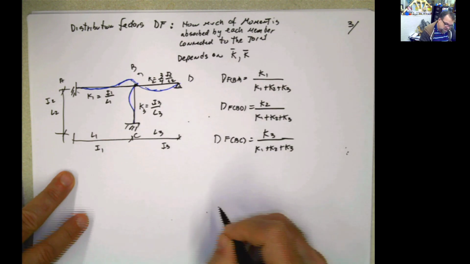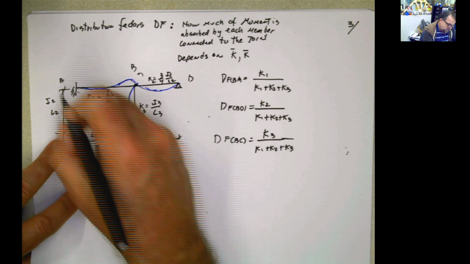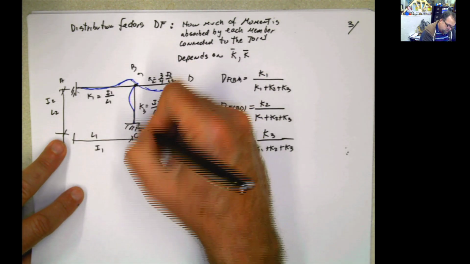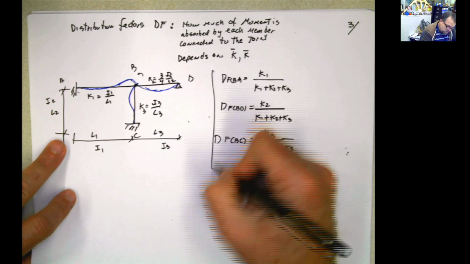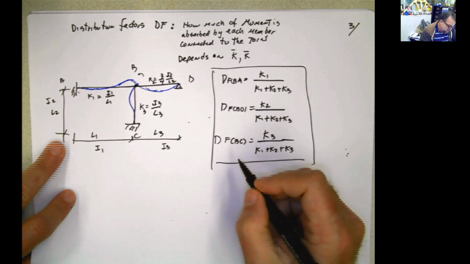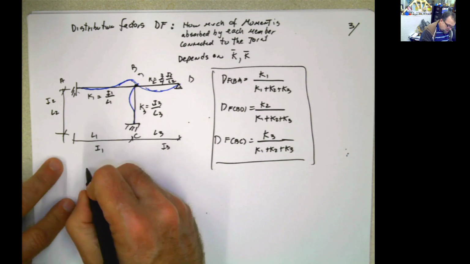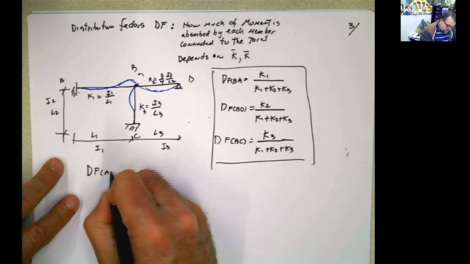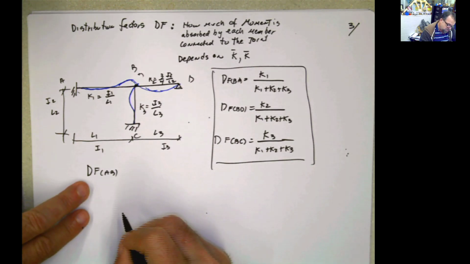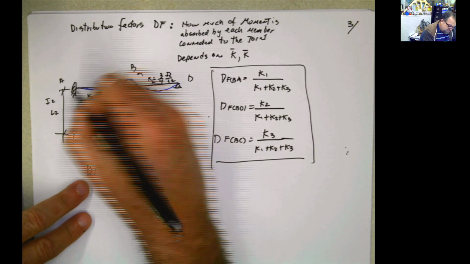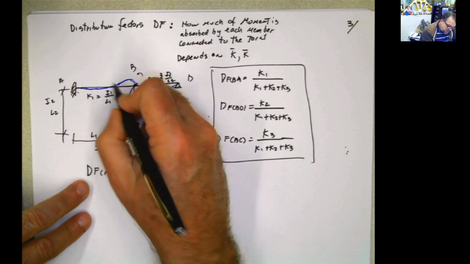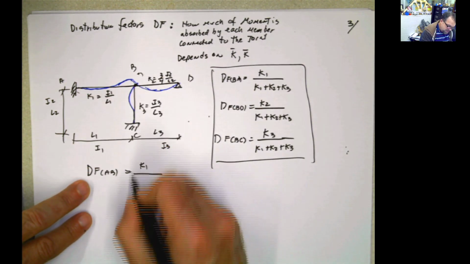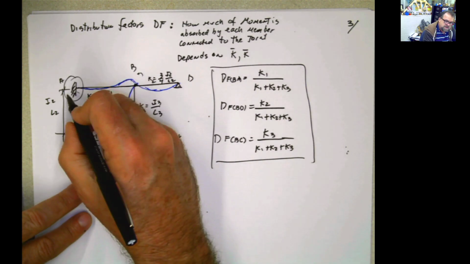That's basically it. We haven't talked about stiffness factor AB or DB or CB, but I'm going to calculate those also here, so you don't have any doubt. Let's say that I want to calculate the distribution factor for AB. Distribution factor for AB will be the value of the K for AB, which is K1, divided by the stiffness of that joint.